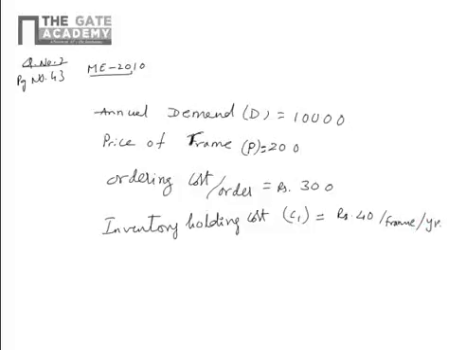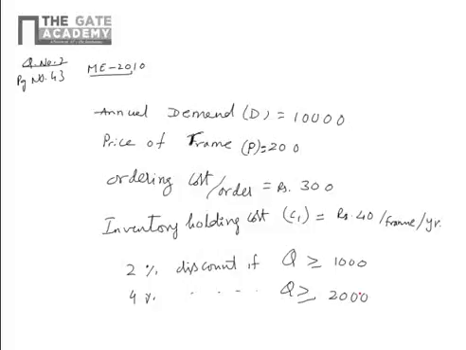The supplier is willing to offer a 2% discount if the order quantity is 1000 or more. 2% discount if Q is greater than 1000. The supplier offers a 4% discount if the ordering quantity is 2000 or more.